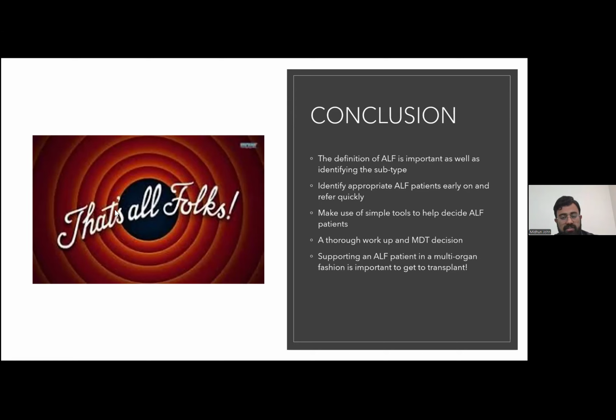A thorough workup is done with these patients, and a lot of intricate management is needed. But at the end of the day, once you've decided that an acute liver failure patient needs a transplant, a great multidisciplinary team is needed to get the job done and to give us good survival rates.